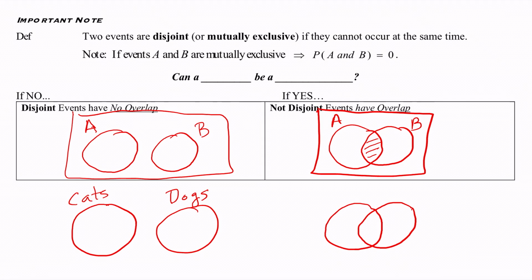So let's think one bubble here would represent cat owners, and another bubble represents dog owners. And this portion in the middle would represent those that own both cats and dogs.